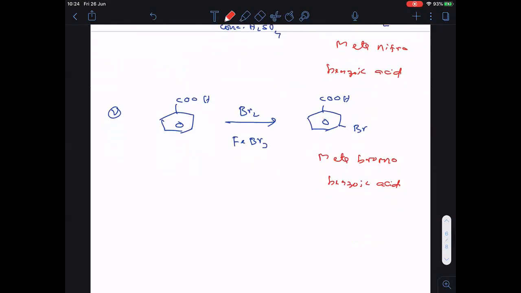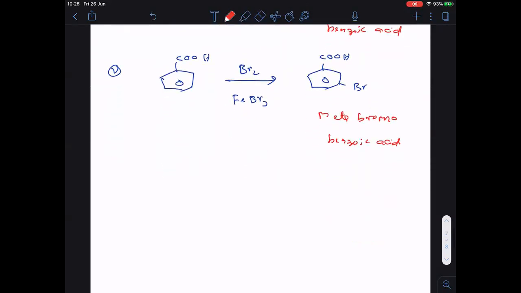Now let us enter into the next lesson of organic chemistry. What is the next lesson? See clearly, the next lesson is amines.